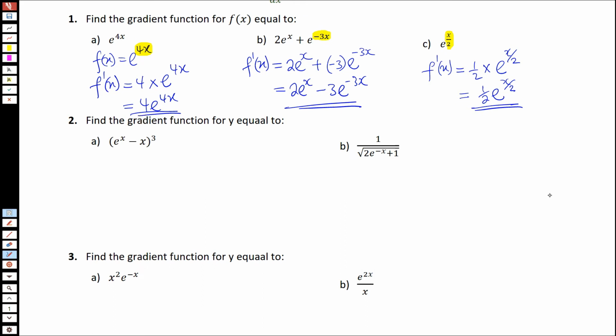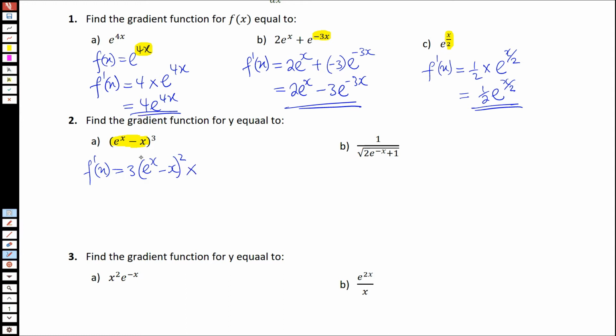Again, just applying the same thing. In number 2, remember here we have to apply chain rule. So this is what is inside. So the derivative of the outside will be, because with the chain rule you start with the outside and then inside, 3 into bracket e to power x minus x to power 2, because you knock down one unit from the power, or reduce the power by 1.